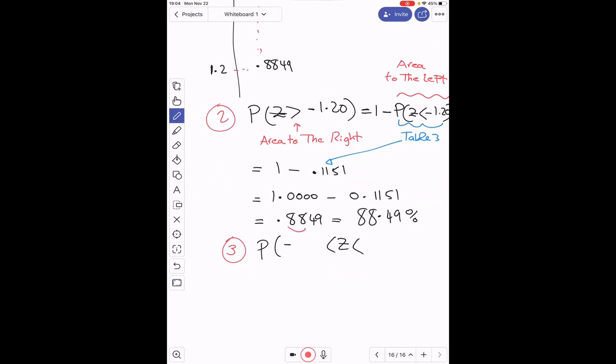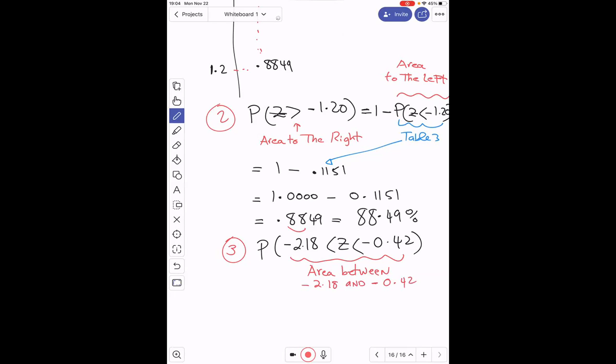This probability is the area between these two numbers, between negative 2.18 and negative 0.42.